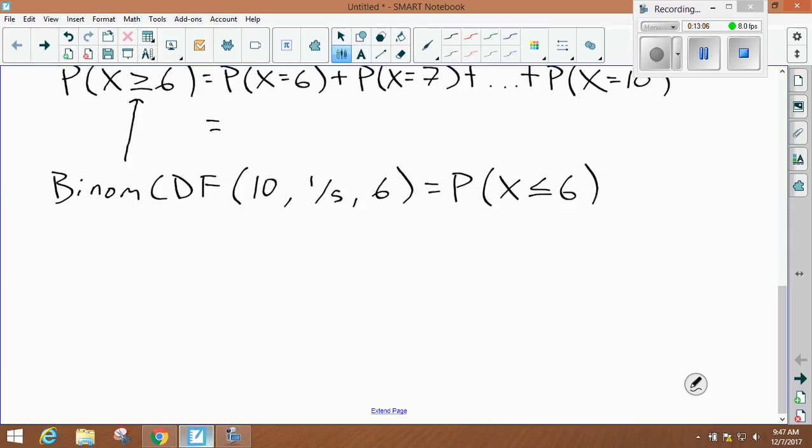Okay? So it's going to spit out a number, and we're going to have to actually take the complement. Alright? We're going to have to actually subtract from 1, because that's what would give us the probability that it's greater than or equal to 6, right? Alright.